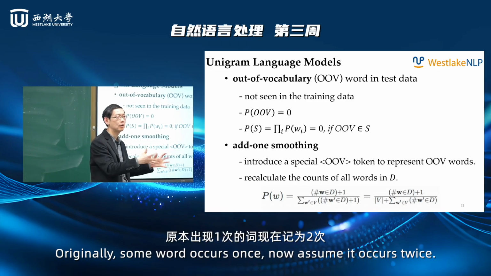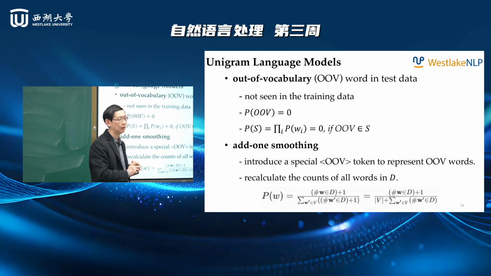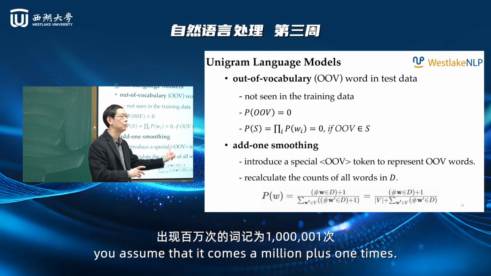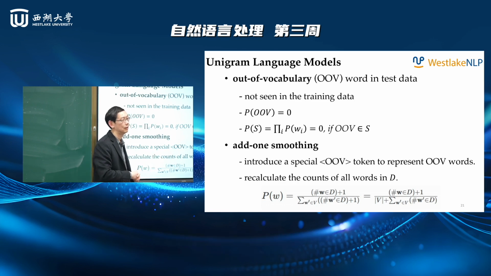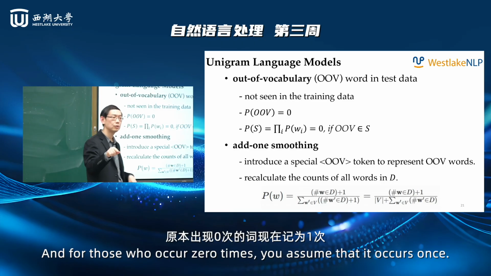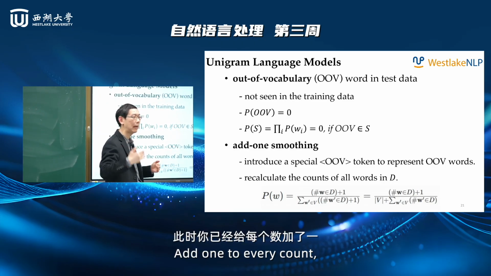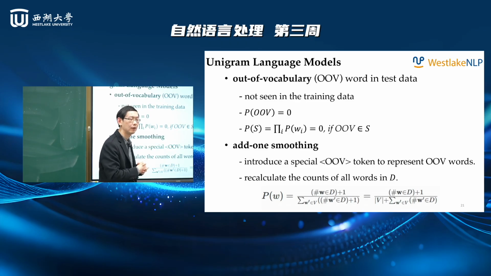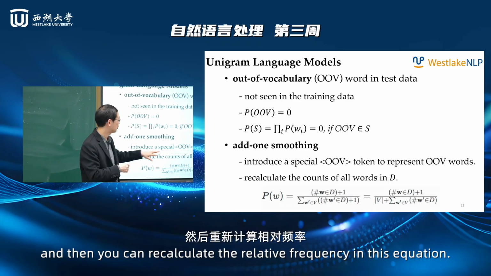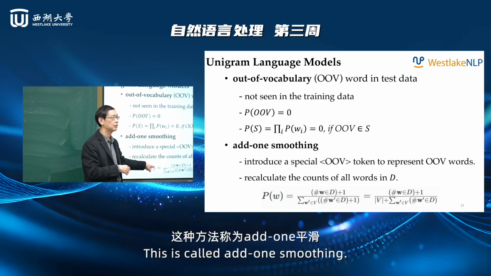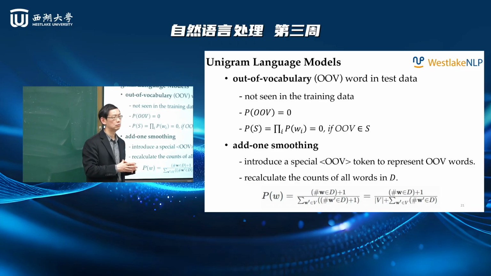So originally some word occurs once. Now I assume it occurs twice. Some other word occurs 1,000,000 times. You assume that it counts 1,000,000 plus 1 times. Okay? And for those who occur 0 times, you assume that it occurs once. Okay, add 1 to every count. And then you can recalculate the relative frequency in this equation. Okay? This is called add-one smoothing.